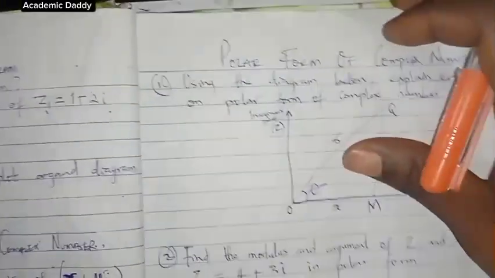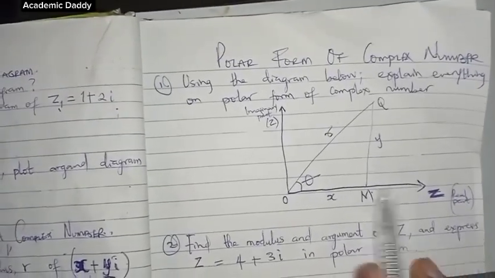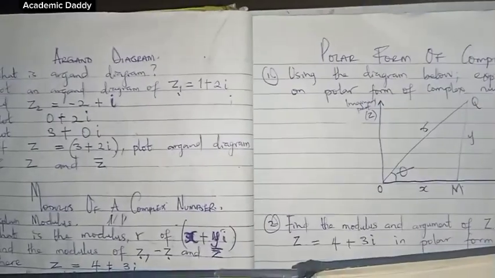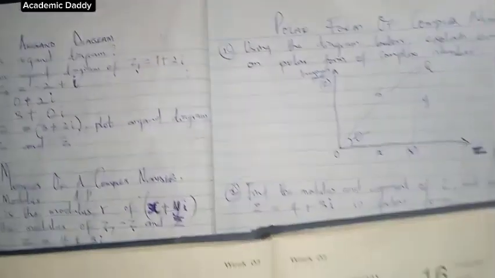So this is the diagram. The y is the imaginary part, the x is the real part. For us to explain the polar form of a complex number, we need to understand that the polar form is given by some sort of a guide.